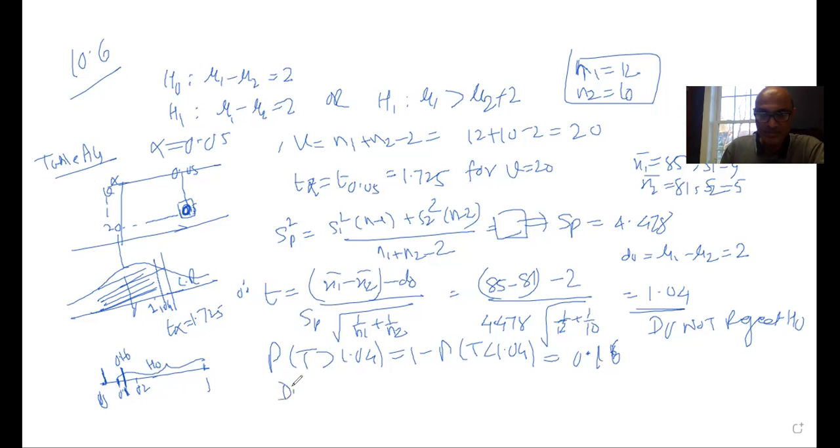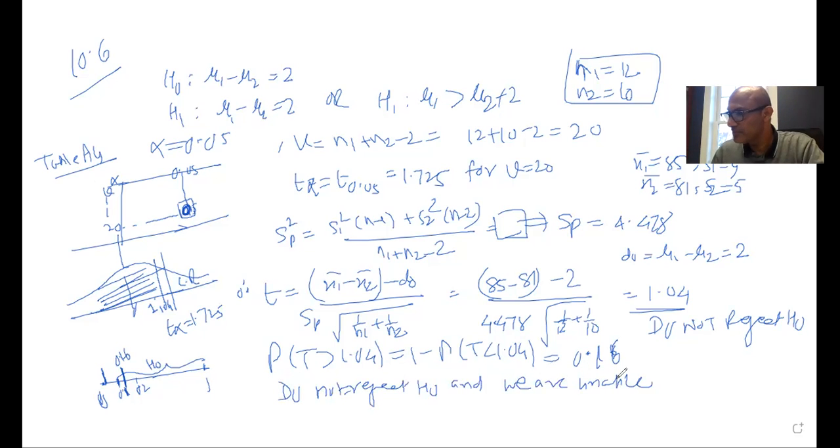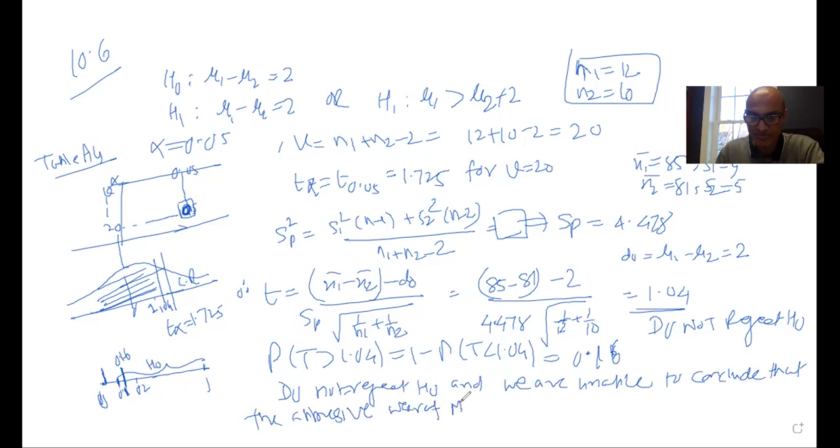So do not reject H0, and you can say like this: we are unable to conclude that the abrasive wear of material 1 exceeds that of material 2 by more than 2 units, right? So that is your answer.